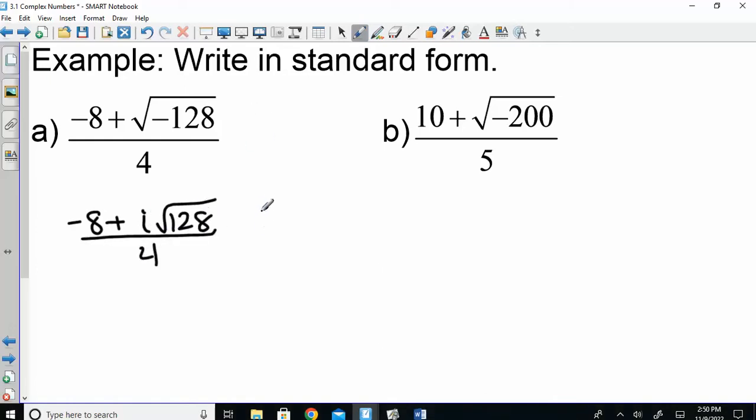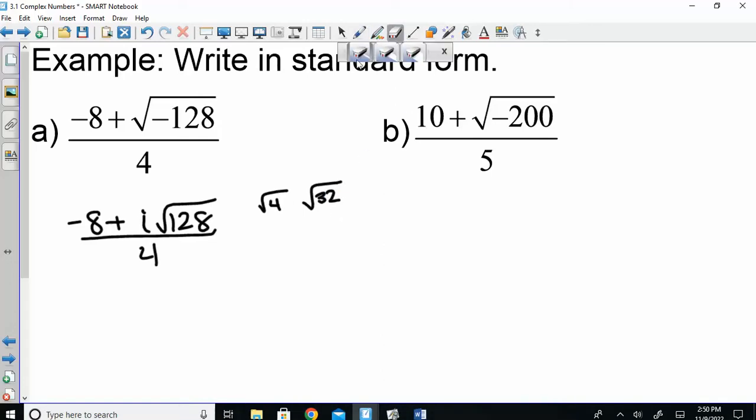Okay, so how am I going to break apart 128? Not 16 and 8. 4 and 32. Yeah, but I can go further. Both of those can be compressed.